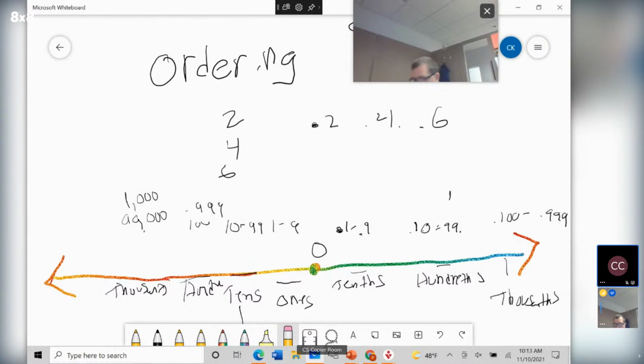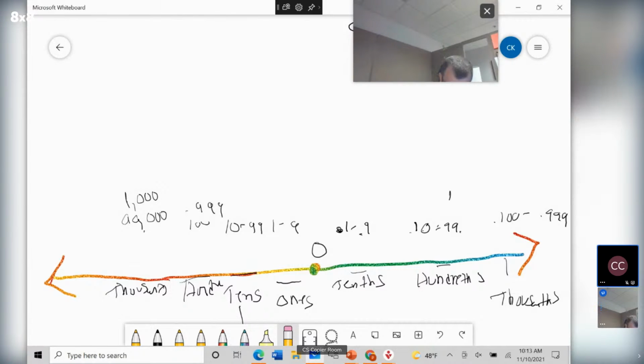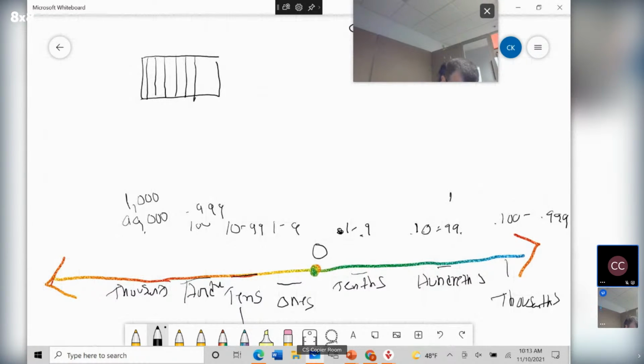And what I'm going to do today, you guys, I'm going to give you some visual ordering where, for example, just so you get an idea, I'm going to try to make this into 10. 1, 2, 3, 4, 5, 6, 7, 8, 9. Is that 10? 1, 2, 3, 4, 5, 6, 7, 8, 9, 10.